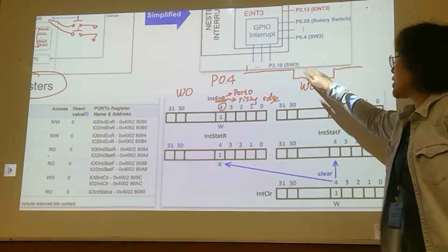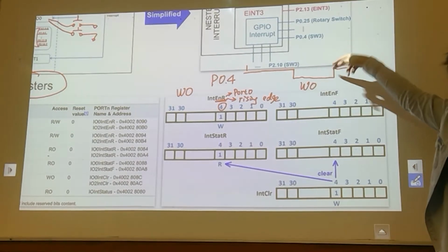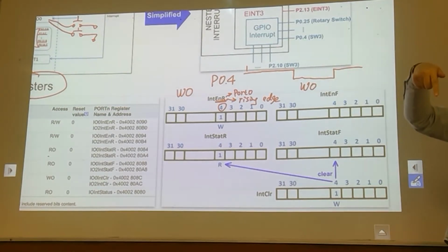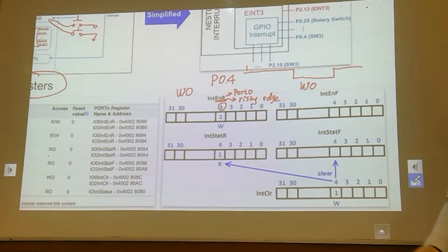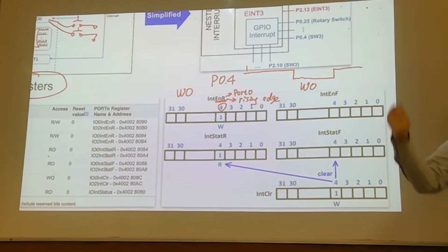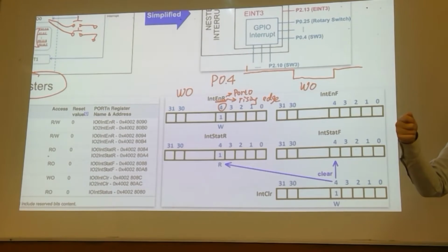You want this to be your interrupt signal, meaning whenever you sense a button press, you want to trigger something immediately. Just like when a student knocks on the door, I should answer the question immediately. The action of knocking on the door or coming to my office is a trigger event.